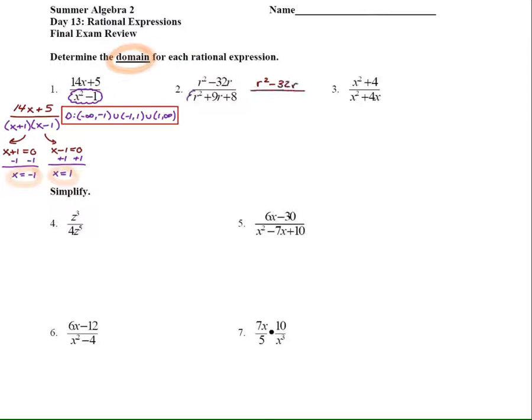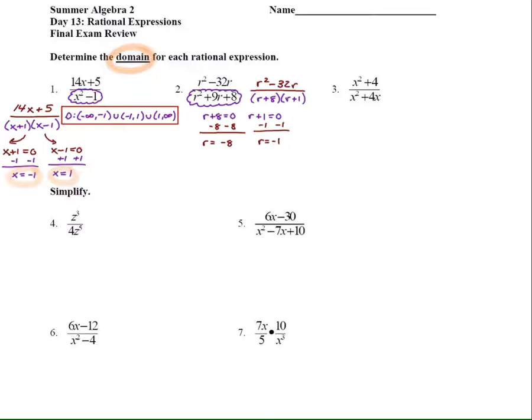I'm going to factor the denominator, which factors into r plus 8, r plus 1. Now that I have two factors, I want to figure out where the denominator is 0 by setting each factor equal to 0 separately. When I solve those, I should get r equals -8 and r equals -1.